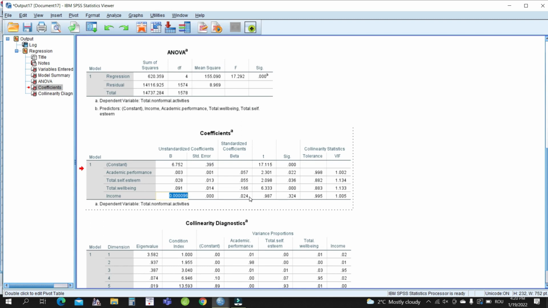The table also includes the t-test for each regression coefficient, and this test computes the probability of having a 0 value for each regression coefficient in the population.